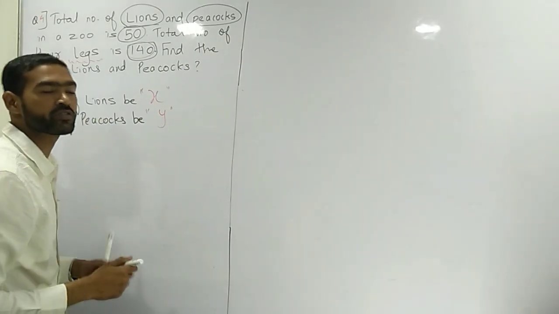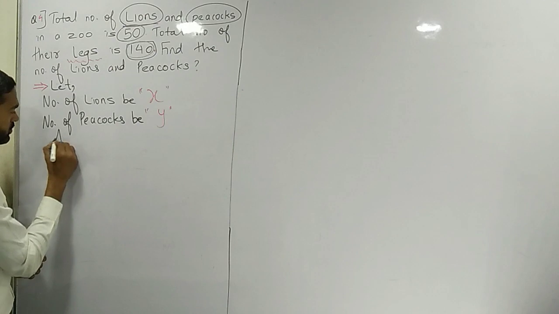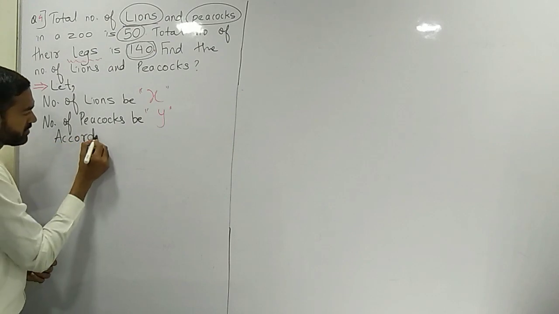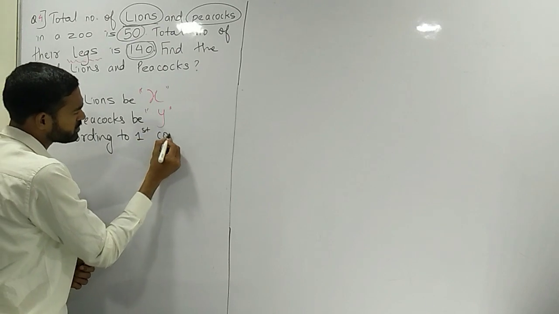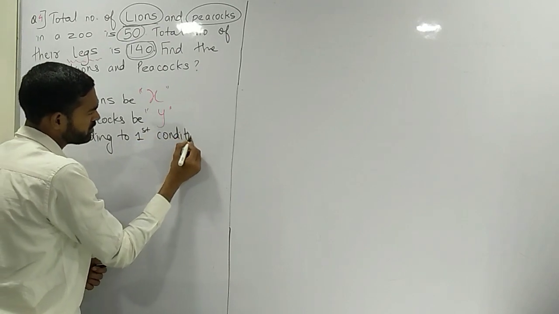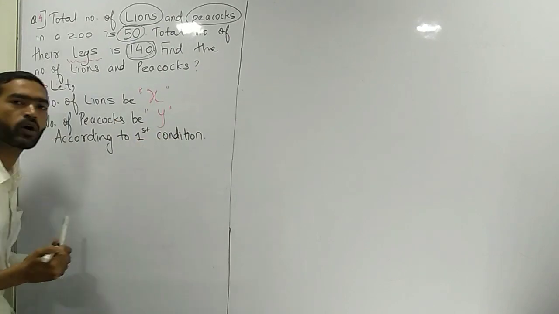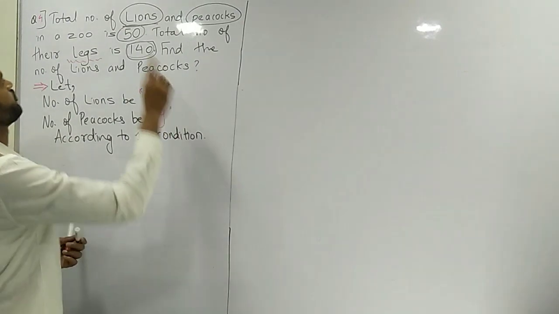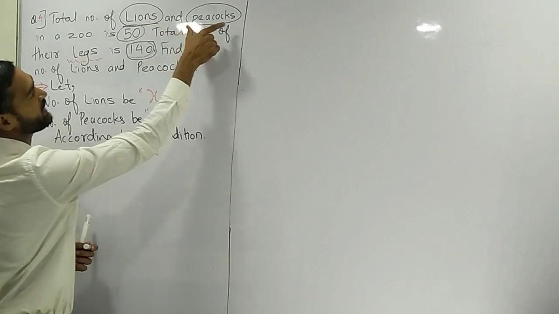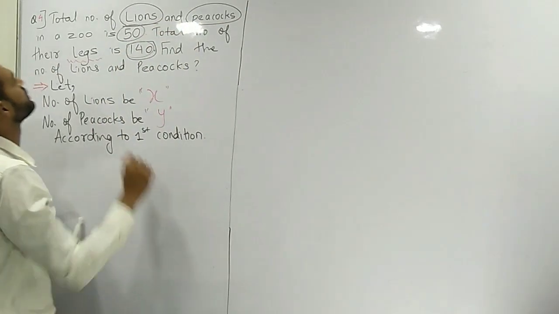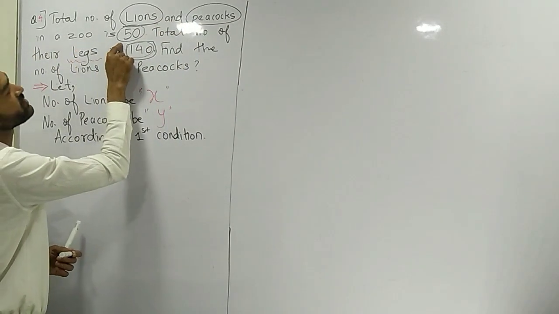To get the first condition, I am writing here, according to the first condition. Now what is this first condition? Back to the question. Total number of lions and peacocks in a zoo is 50.